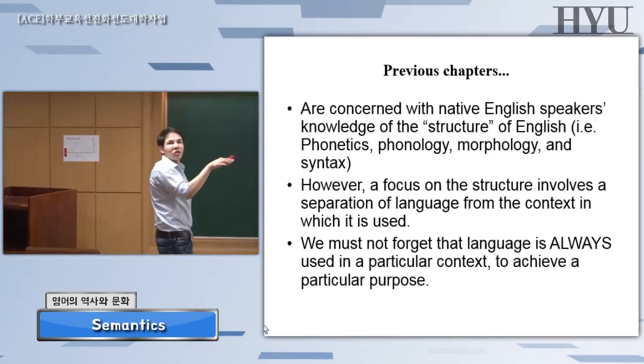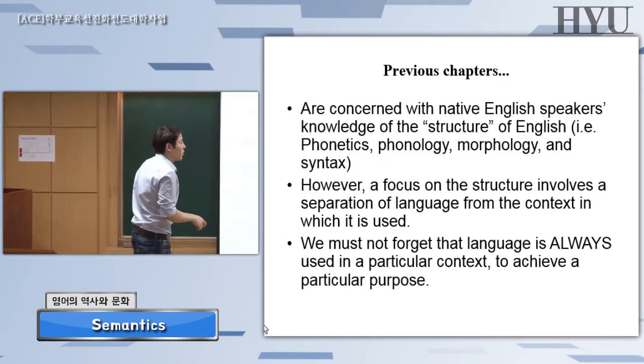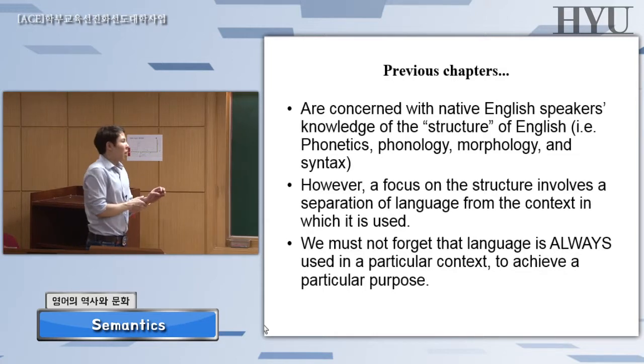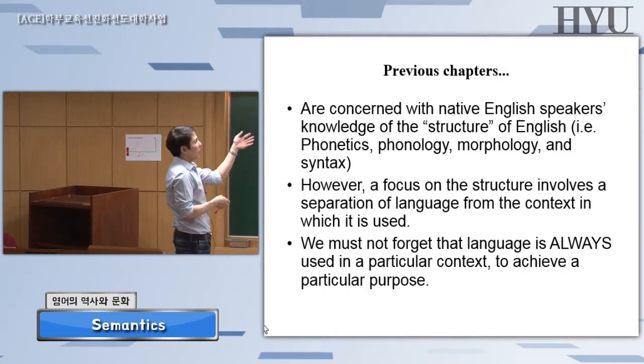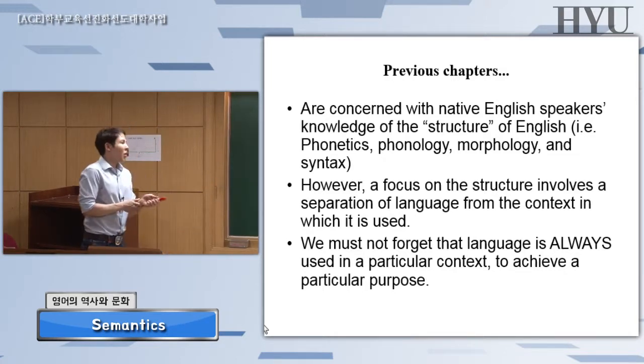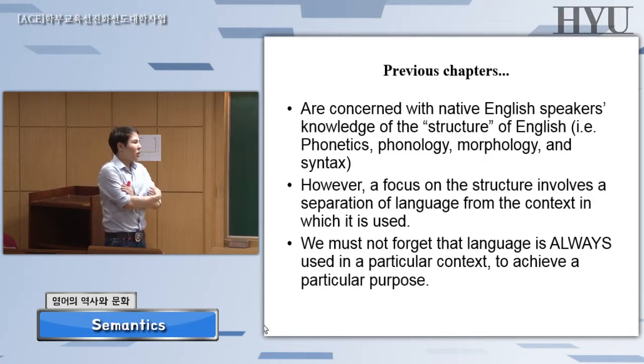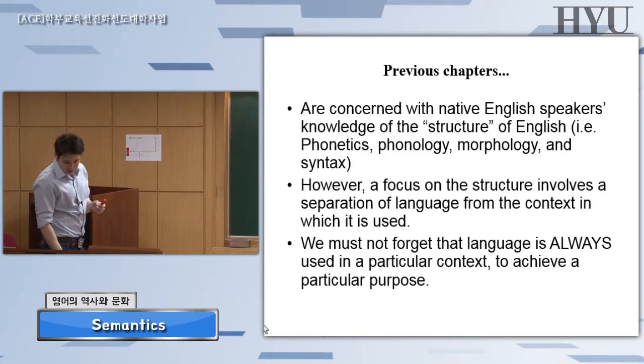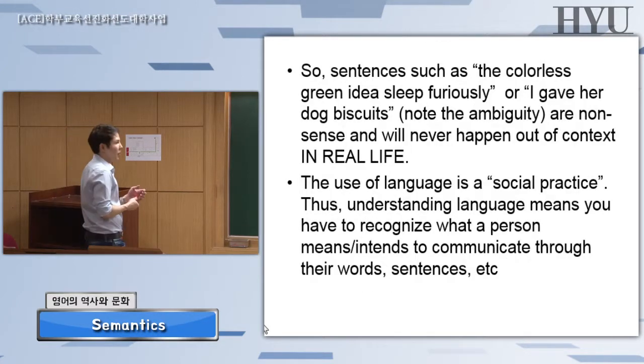We only care about the structure, right? So that's what we do when we analyze structures. But when we look at semantics and pragmatics, we must not forget that language is always used in a particular context, and the context will have a bearing on the meaning of the sentence, right?